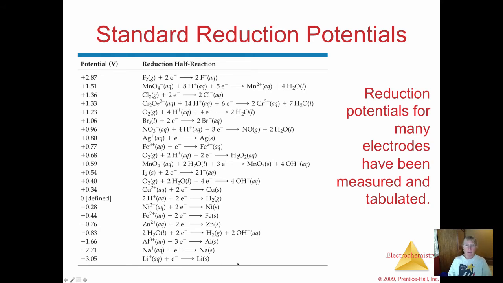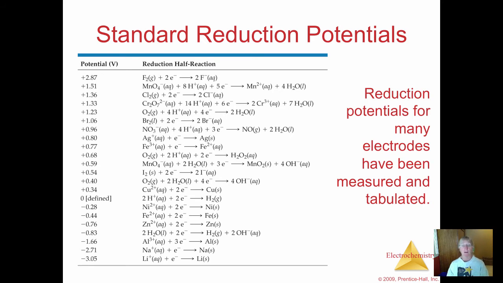Once again, to compare apples to apples, you got to flip the equation over, and by showing a large negative value for its potential, what you're saying in essence is that it has very low possibility of being reduced compared to everybody else and a high probability of being oxidized, but we still write it as a reduction half reaction.